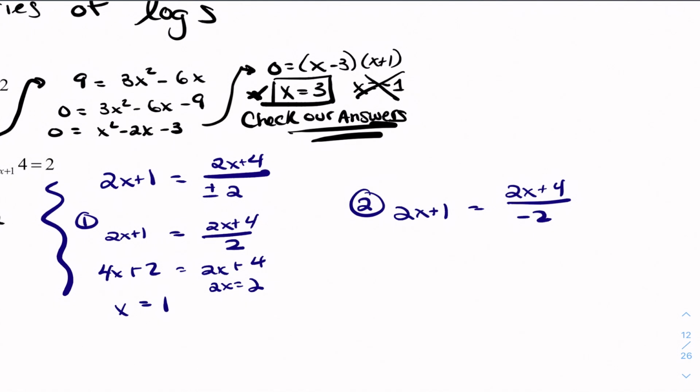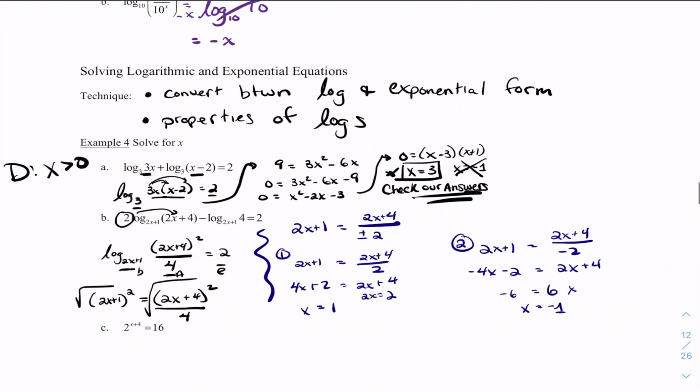Our second solution would be negative 4x minus 2 is equal to 2x plus 4. Subtract 4, I get negative 6. Add 4, I get 6. So I have x equals negative 1. Again, we have to check our solutions in the original problem. Now we're plugging into both the base and the problem.